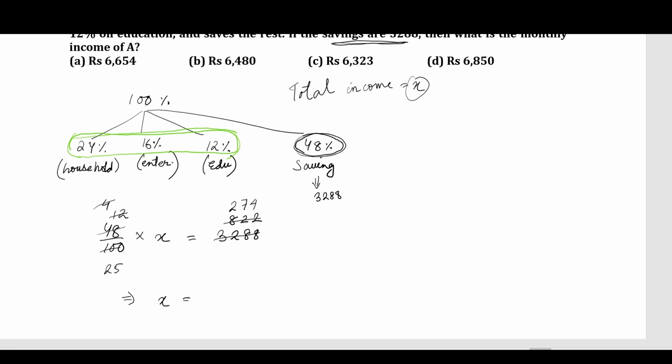So x is at the time 274 into 25. 25 into 4 is 100, 25 into 7 is 175 plus 10 is 185, 25 into 2 is 50, 50 plus 18 is 68, so 6850. Option D is the answer.